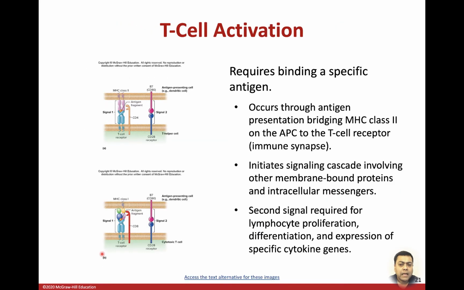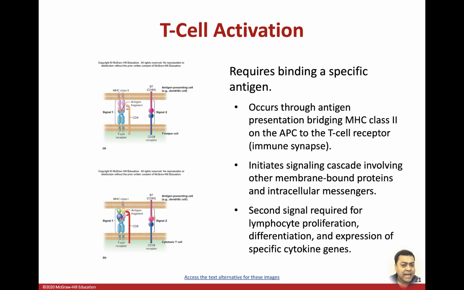Right here we are seeing an antigen presenting dendritic cell, which has the MHC class 1 presented to the T cell receptor. See that there is an additional molecule, B7 or CD80, which is recognized by the CD28 receptor. This is a signal, and this B7 or CD80 is only present on antigen presenting cells.